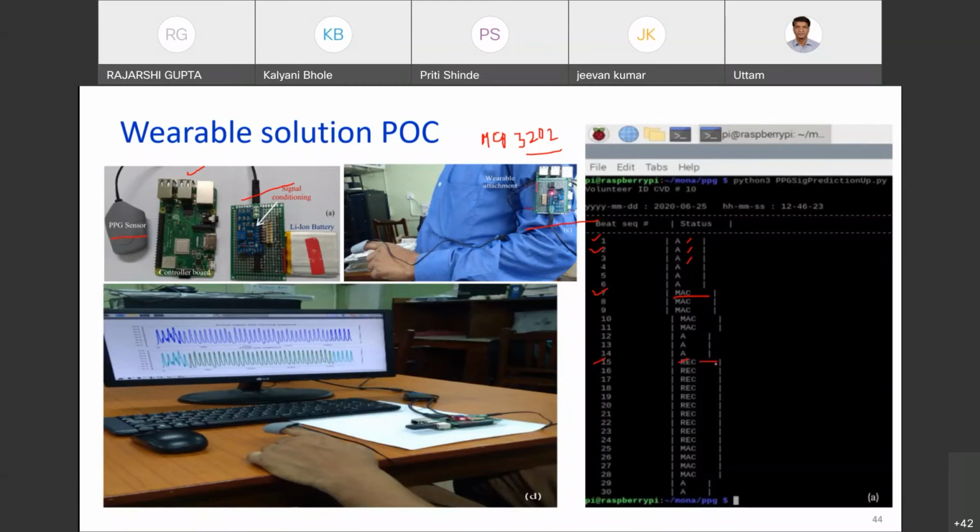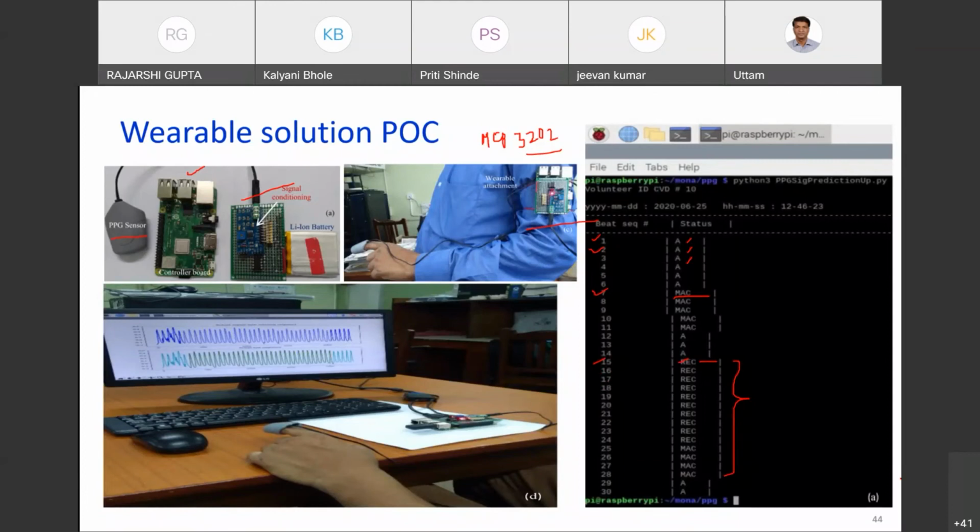REC means reconstructed: 15, 16, 17. This portion basically shows the bits reconstructed. That reconstruction has been done based on a stack history that can contain a maximum of 2 corrupted bits, because the more corrupted bits in the stack, the less accurate your result will be.